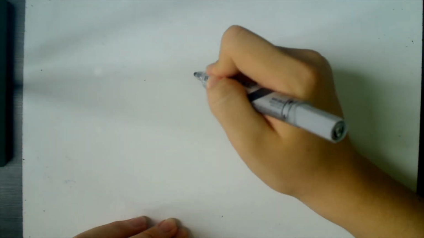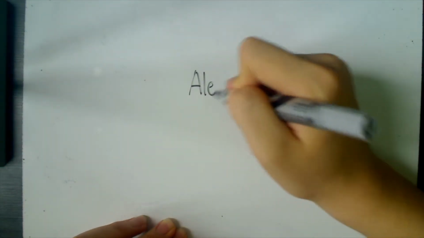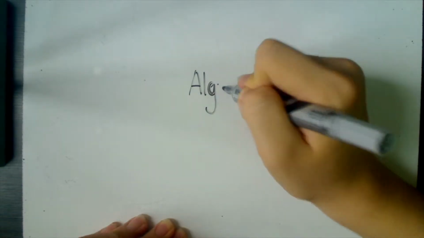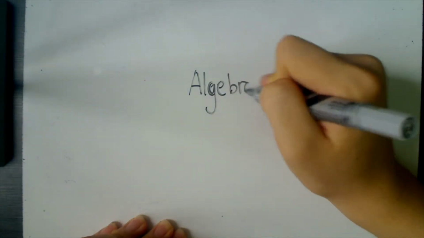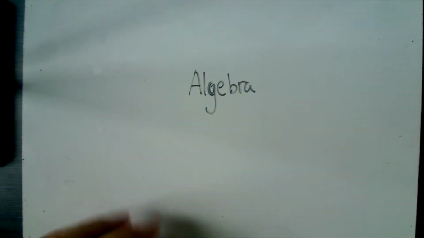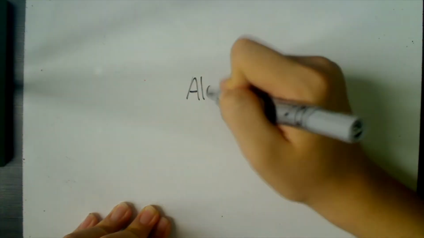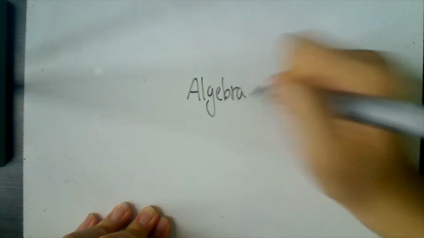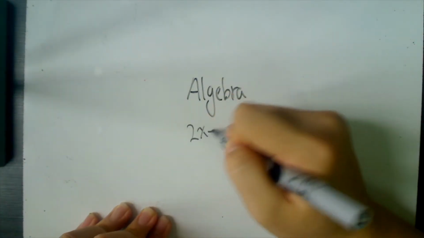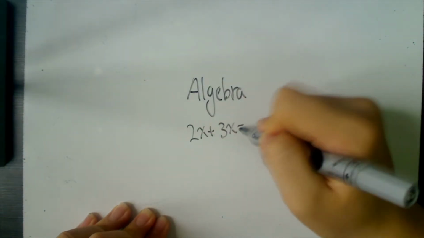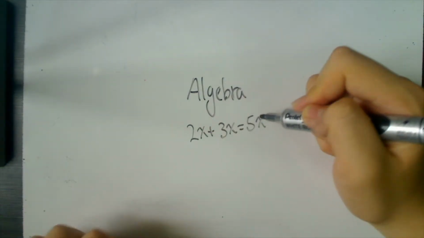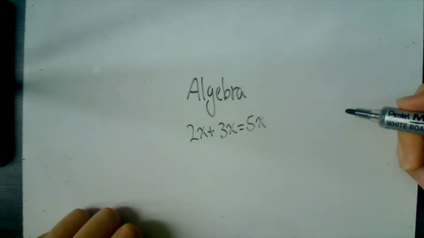But the word that really captures the essence of linear algebra, the essence of vector spaces, is the word algebra. Before taking a look at linear algebra, let's first take a look at the algebra you already know. Algebra like 2x plus 3x equals 5x. And where does this even come from?